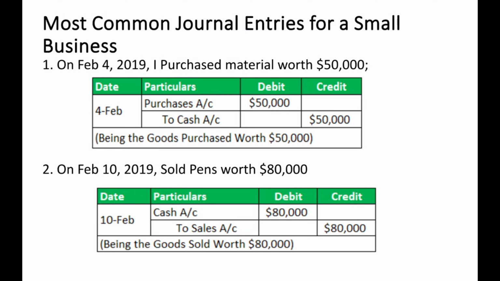Cash receipt means the asset value increases, so it comes under debit. Sold goods go out, so the asset value decreases, and it comes under credit. So cash account debit to sales account. The narration is: being goods sold worth $80,000.